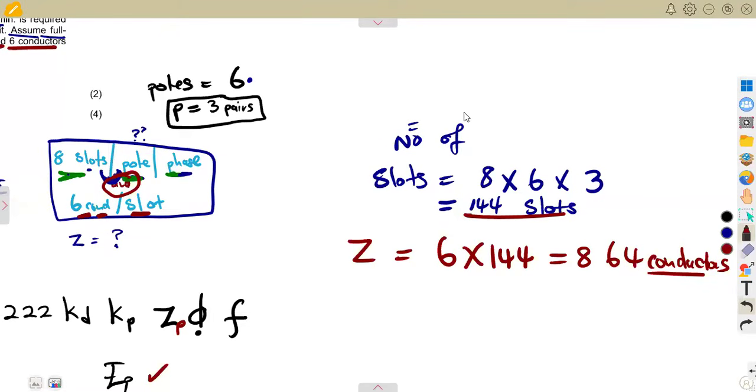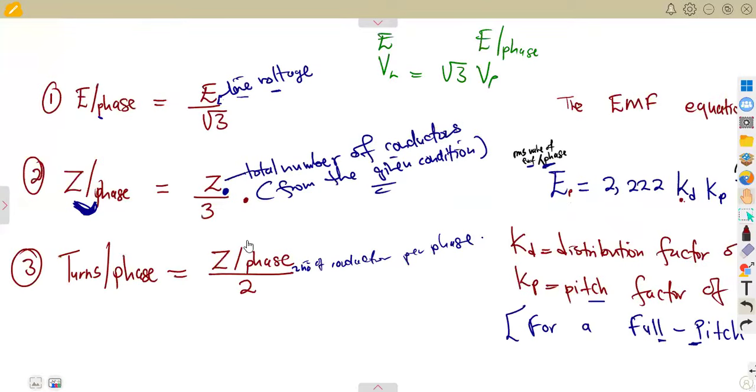So I was saying Z is the total number of conductors, just like you're taking at the line, but now we must obtain per phase. So let us go back here. Z per phase is going to be the total number of conductors from the given condition, then you divide by 3.